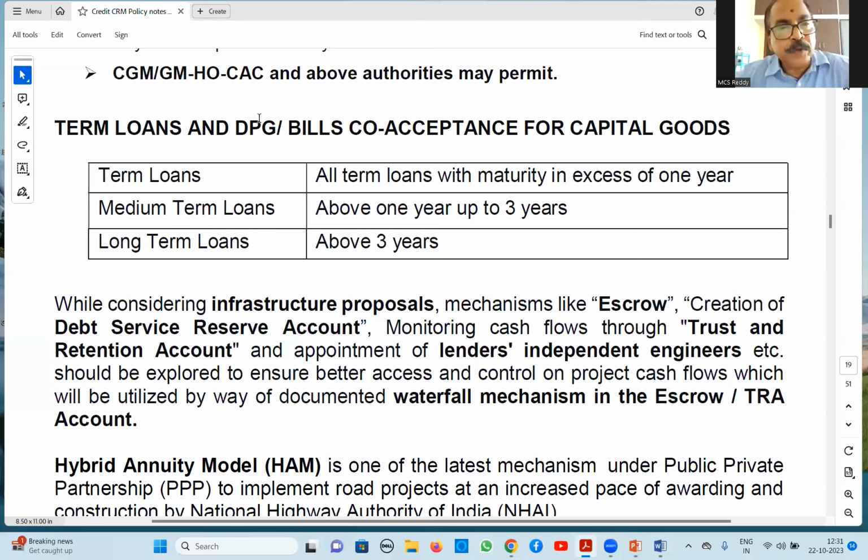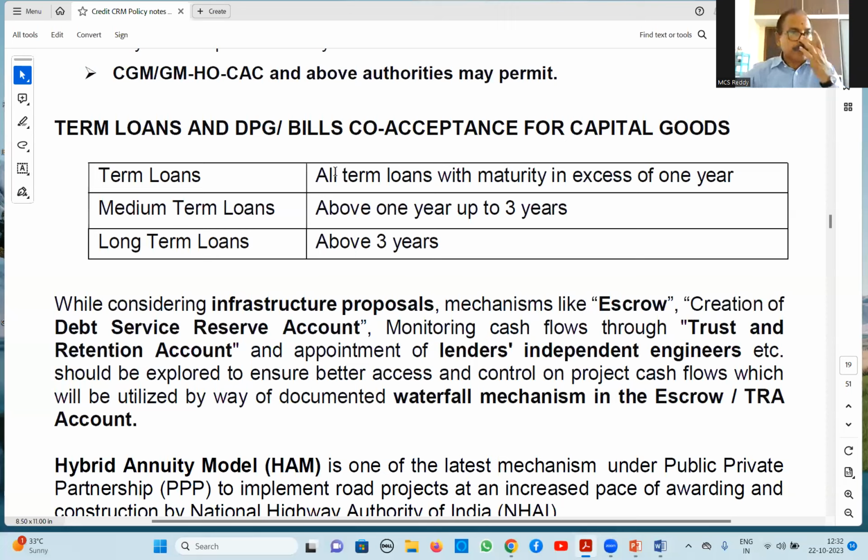Or DPG: if you give deferred payment guarantee, when the supplier is agreeable to take the amount in installments, then DPG is given. So next year 20 crores, if the borrower is not paying, we will pay. Afterwards, another 20 crores, if he pays, okay, otherwise we will pay. This is what contingent liability DPGs are, right?